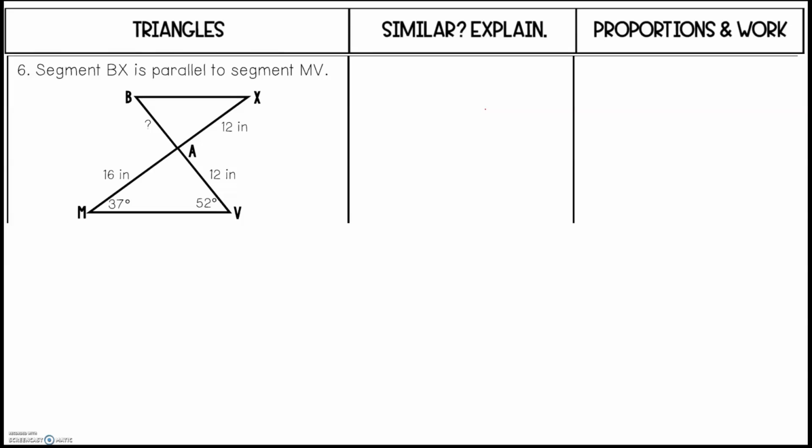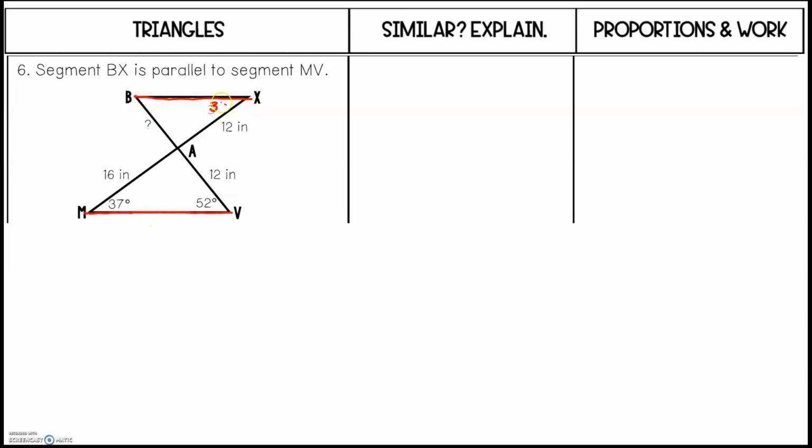Okay. So we know that BX, this line right here, is parallel to MV. With our parallel line, knowing our relationships, we know that this angle and this angle, those would be on opposite sides of the transversal and inside of the parallel lines.